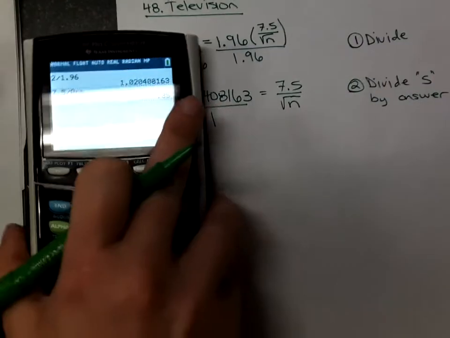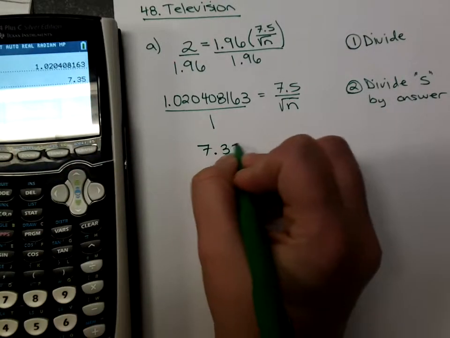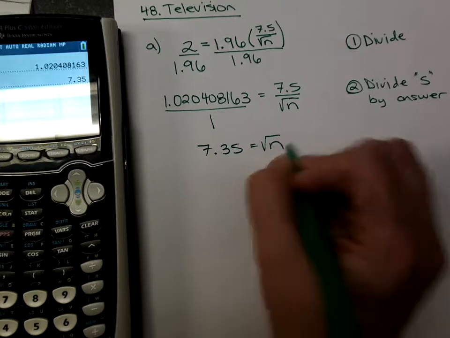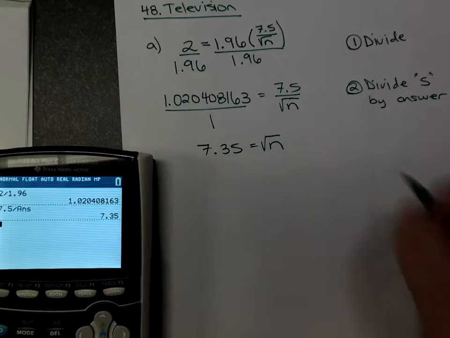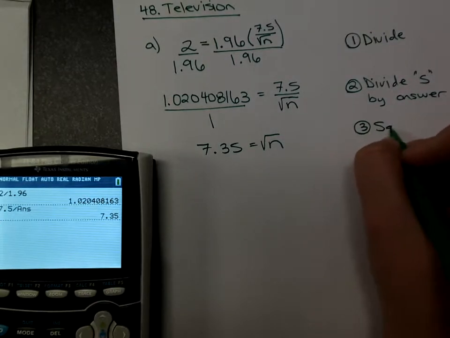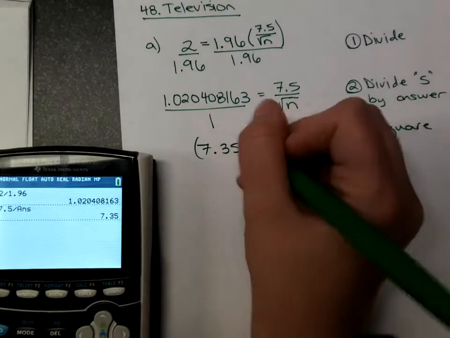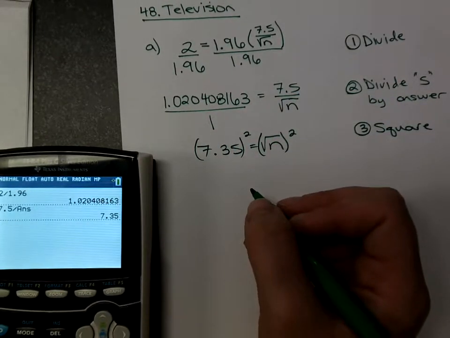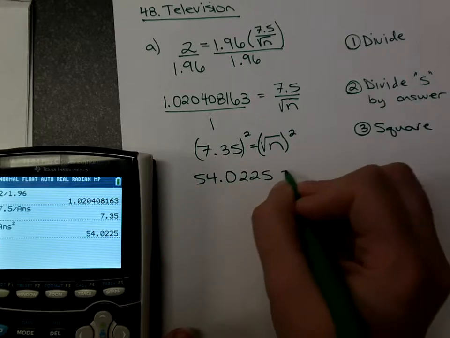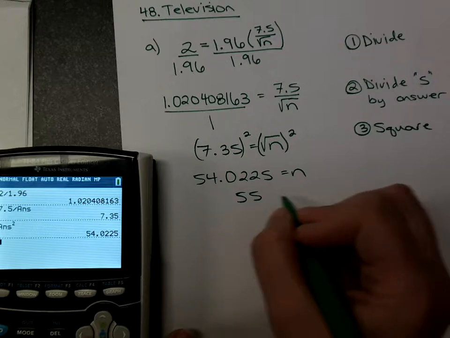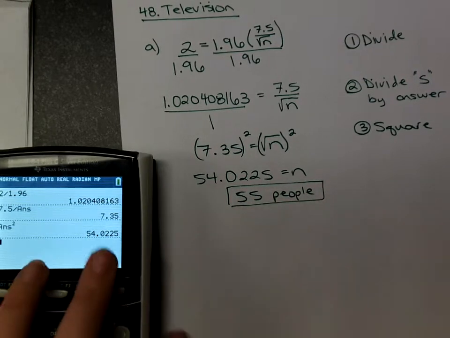If you do it exactly, you get 7.35, and that is equal to the square root of n. And then step 3 is to square that answer, to undo the square root. If I square that, I get 54.0225, and we always round up, so we need 55 people in our sample.